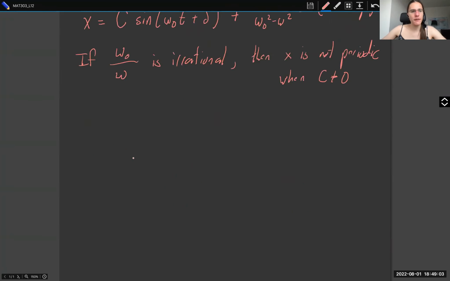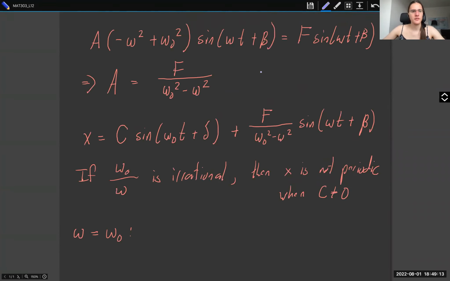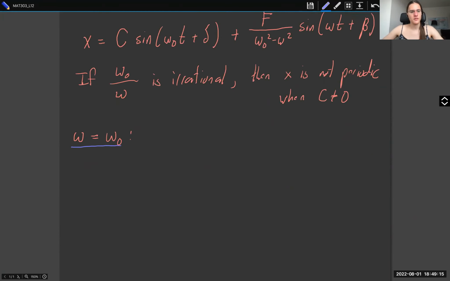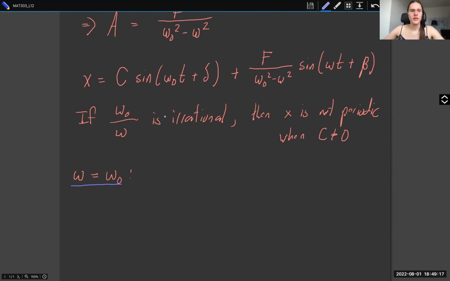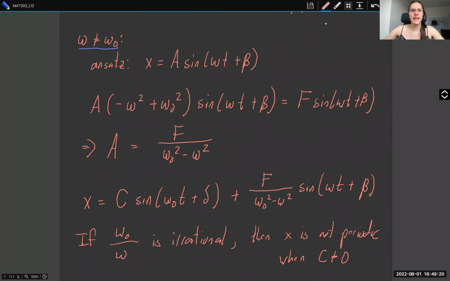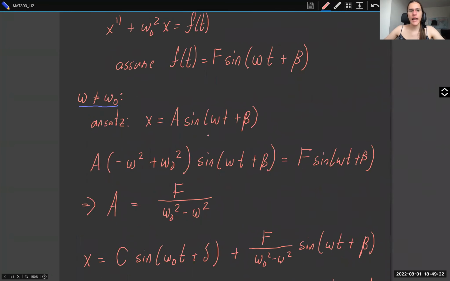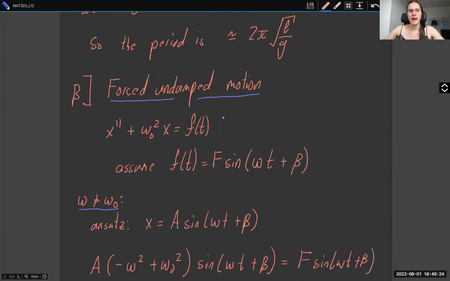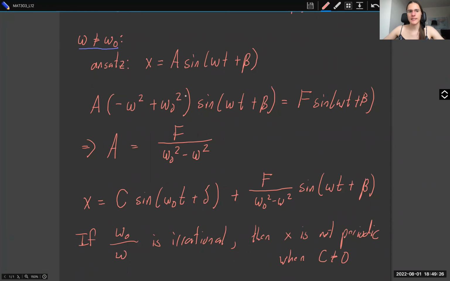Now, what happens if omega is equal to omega naught? That's a separate case. So what's going to happen is that trying to put this in won't work as our ansatz. So what we do instead is we take this and we multiply it by t.